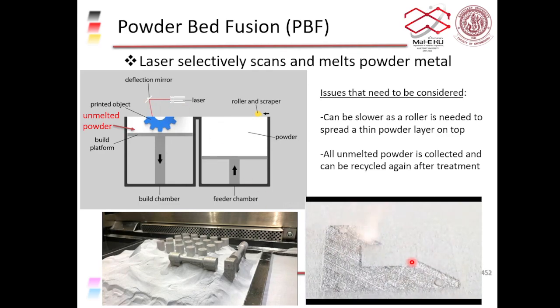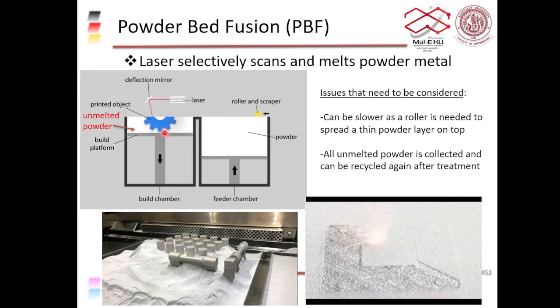You can think of it as 2D printing because it's printing just one layer. After this layer, the build chamber will move down one step, and more powder will be put on top. Then the roller and the scraper will make the surface flat, and the laser will come down and print another layer.